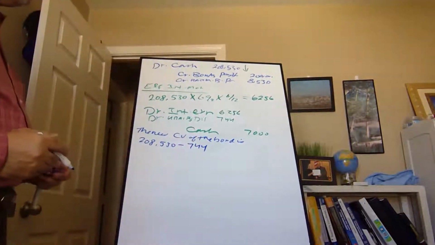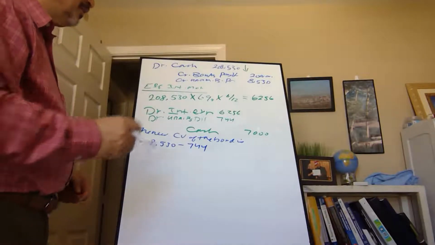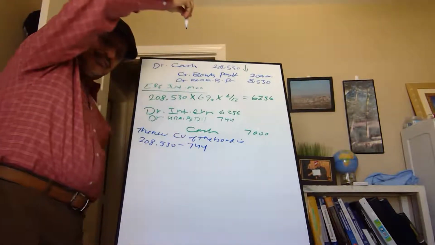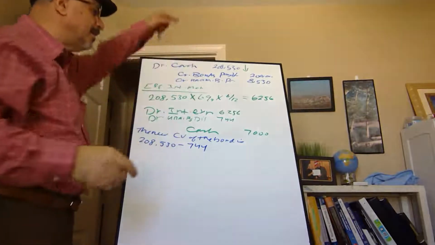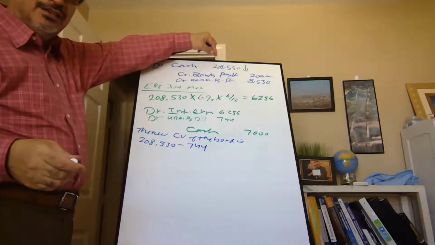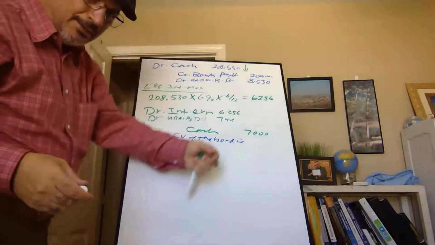Remember that when we amortize the premium, the carrying value of the bond or the issue price is going down.